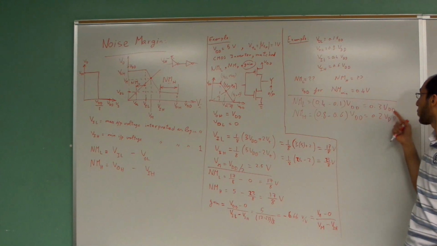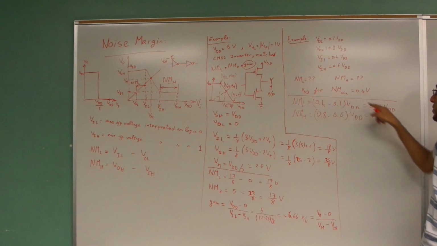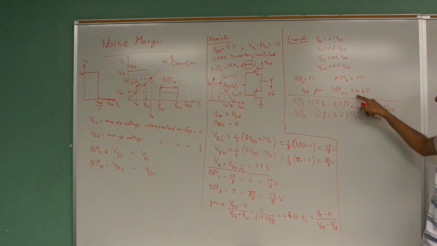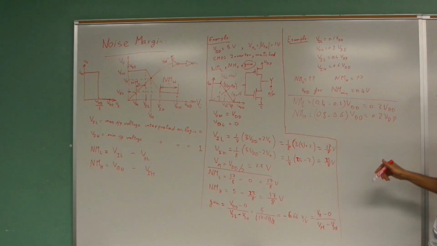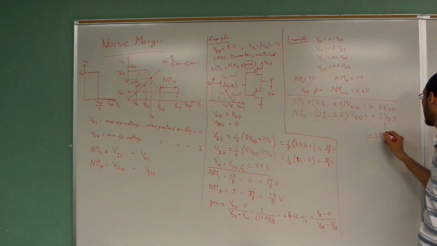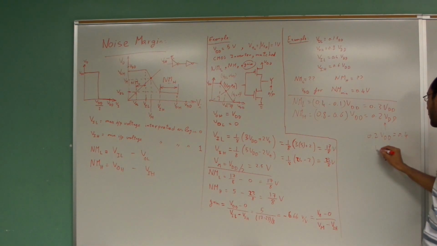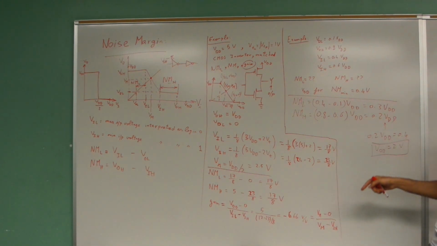And in that case, we want to find the noise margin that is the minimum of them, the smaller one of them, and we want it to be equal to 0.4 volts. So 0.2 VDD equals 0.4 volts, so VDD equals 2 volts.